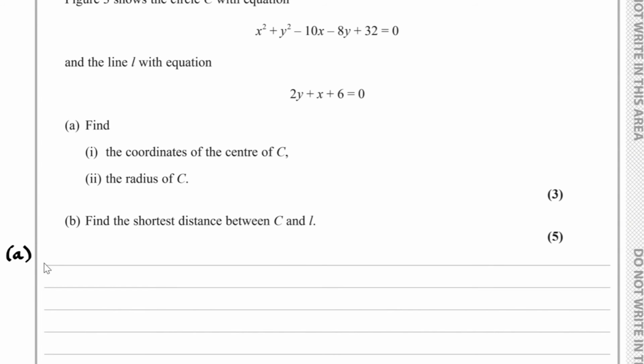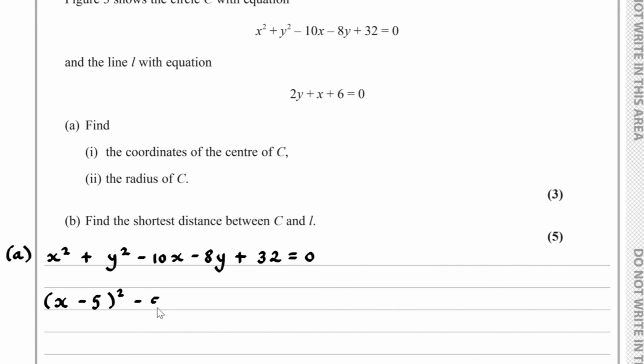So, for part A, we have x squared plus y squared, subtract 10x, subtract 8y, plus 32 equals 0. And for us to find the center and the radius, we need to complete the square. And if I complete the square, we have x minus 5, so that's half the coefficient of x, and then squared.